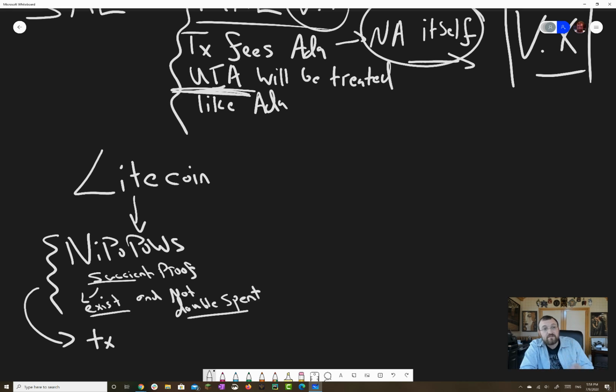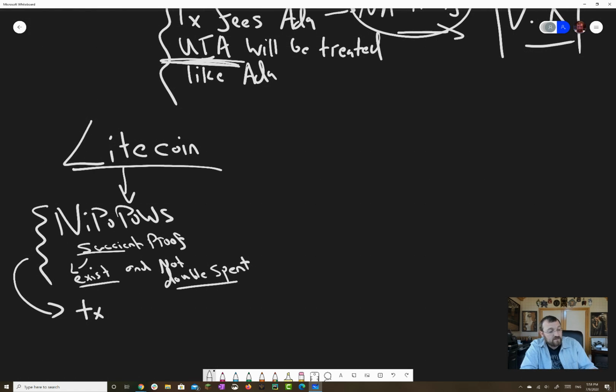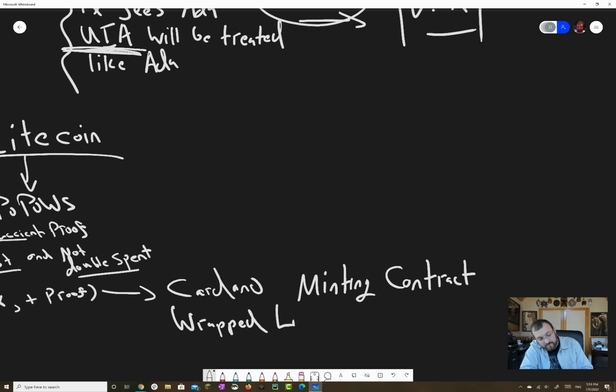So what this effectively means is that you could issue a transaction from the Litecoin network, if they support NiPoPoWs, transaction plus proof, into Cardano. And then what that can do is go to basically a minting contract and create something called wrapped Litecoin.